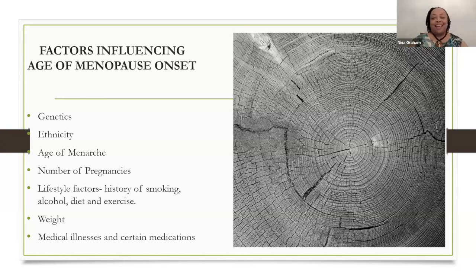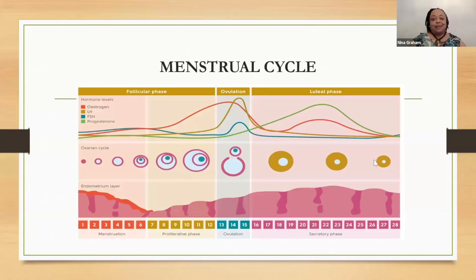So I don't know if any of you remember this from high school, but this is the menstrual cycle. And for those of you who may not remember, the main hormones during your menstrual cycle are the estrogens and progesterones.